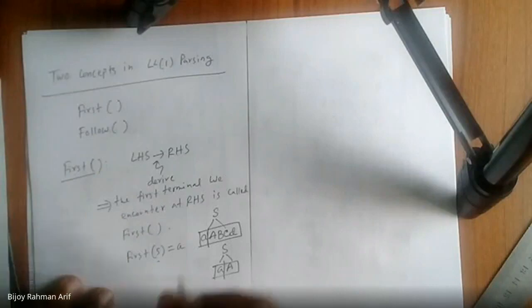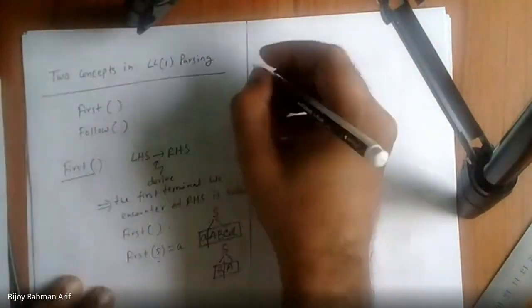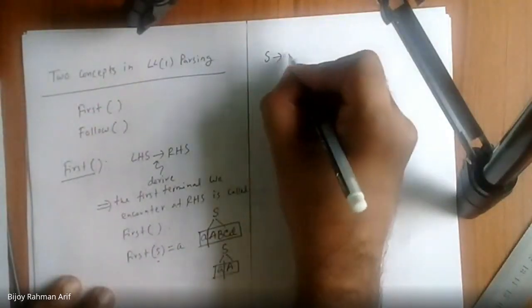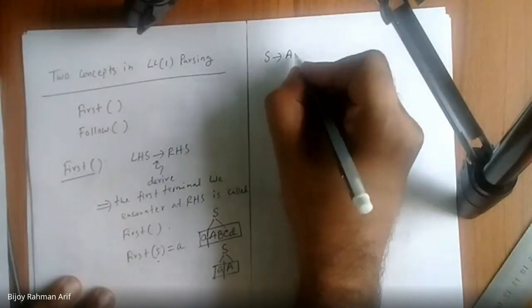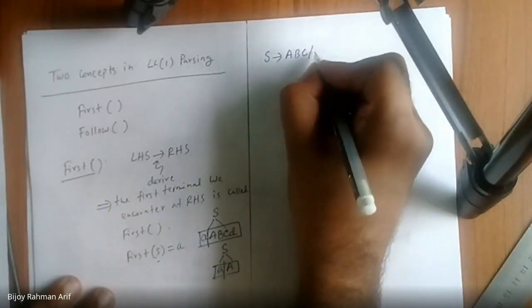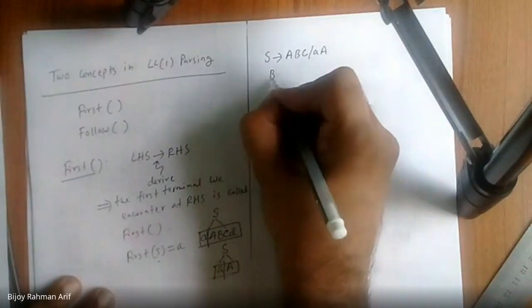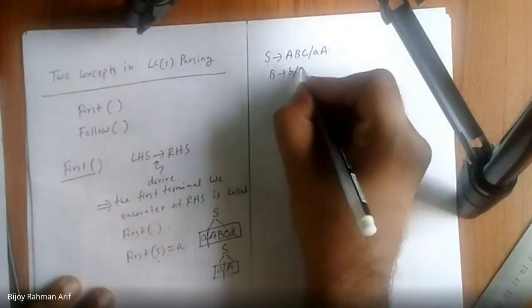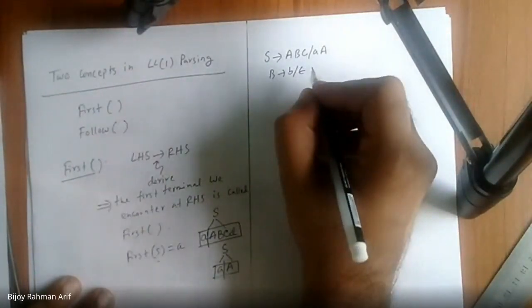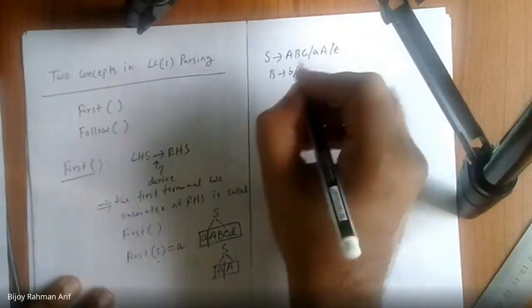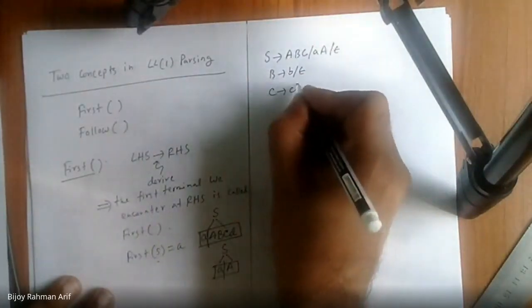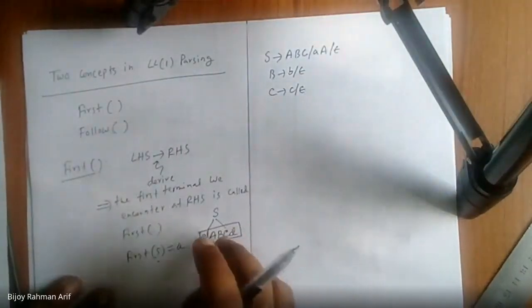Okay, now let's assume something like this. Let's take another grammar. S derives A B C or a A. B derives b or epsilon. And C derives c or epsilon. Now what would be the first of S?